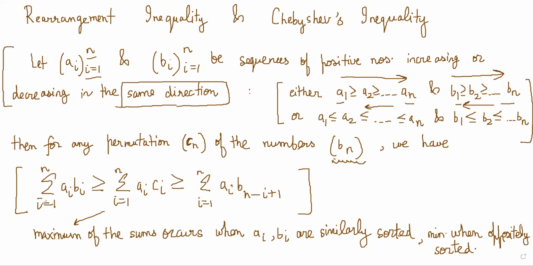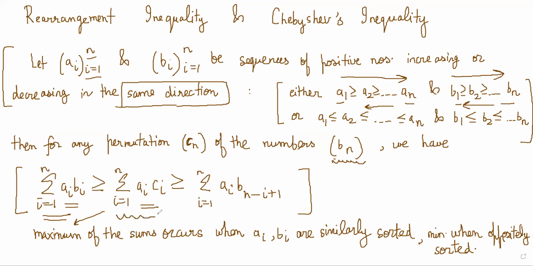In that case, this inequality is always true. The summation of a_i c_i, i from 1 to n, is always less than or equal to the summation of a_i b_i, and always greater than or equal to the summation of a_i b_(n minus i plus 1). So we'll understand this in greater detail as we do some examples.